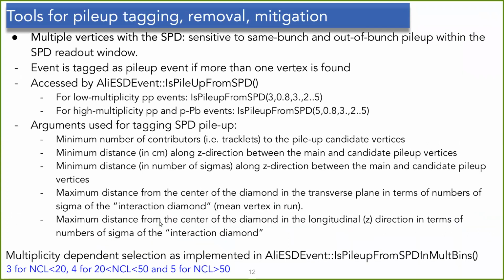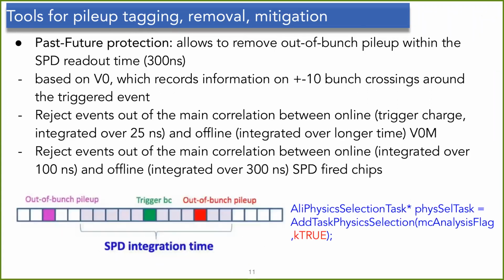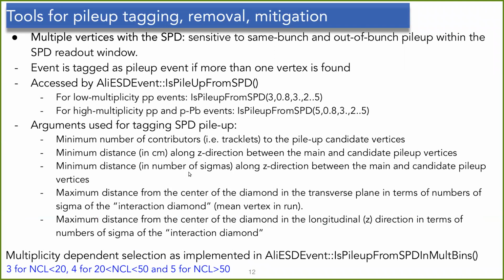Now let me go to another type of pileup. In the previous slide, I mentioned the out-of-bunch pileup. Now let's see how we can remove the same-bunch pileup as well as the out-of-bunch pileup in the SPD readout window. As I mentioned, the SPD is a very fast detector.